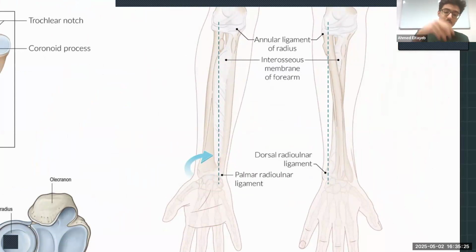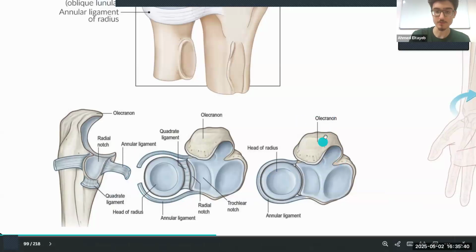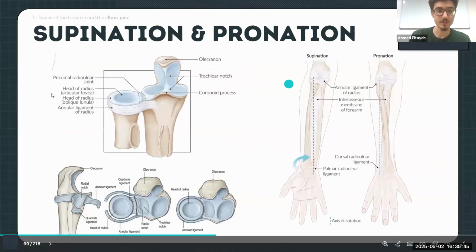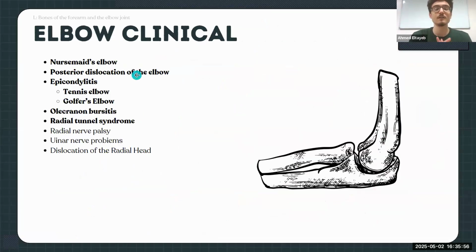For all of them, proximal and distal radioulnar joints, alongside the radiohumeral joint, they're all responsible. Okay? You can see the annular ligament over here, and you can even notice the olecranon, the trochlear notch, more stuff. All of these diagrams, honestly, they're for your own reference. Go through them, they're very nice. They have a lot of things.